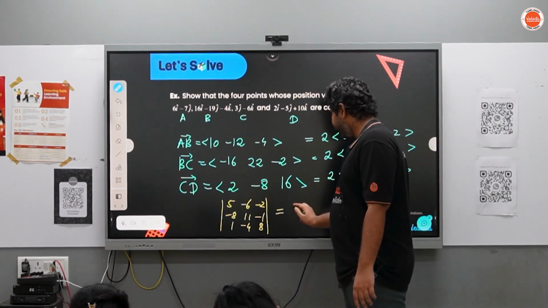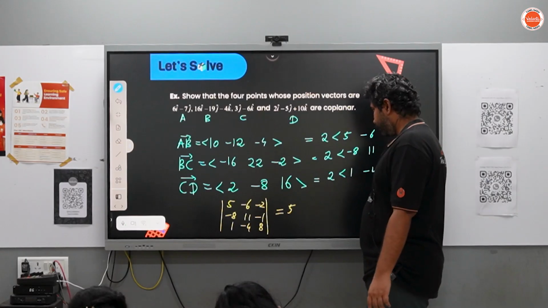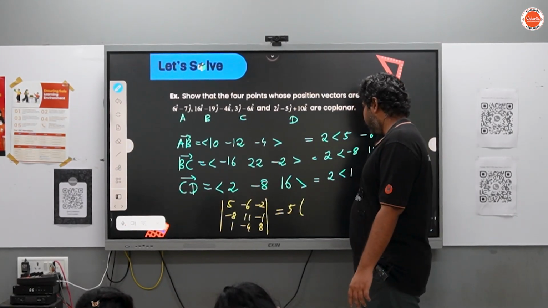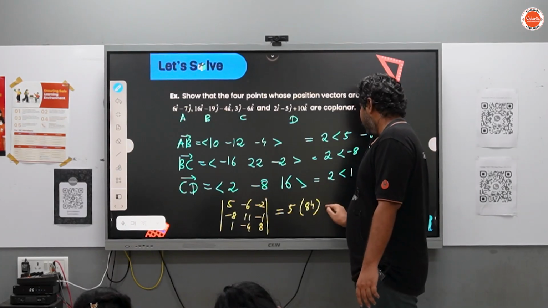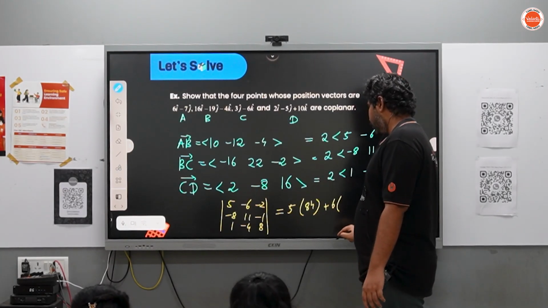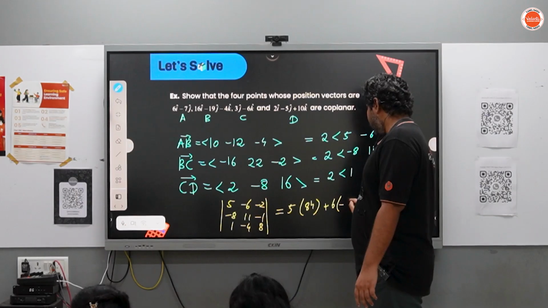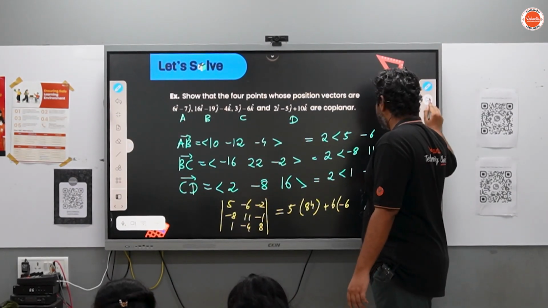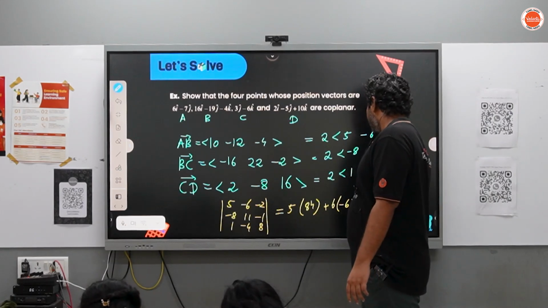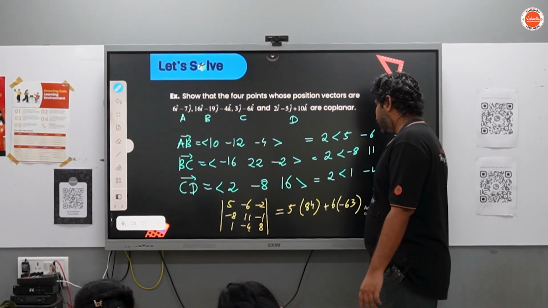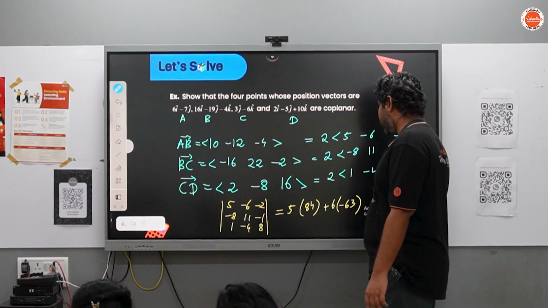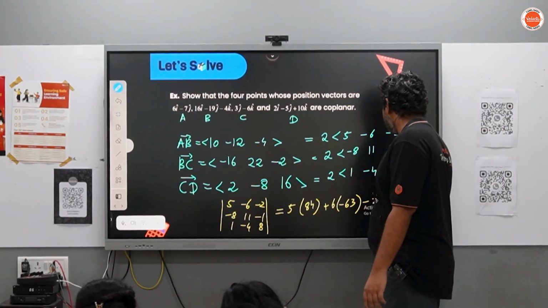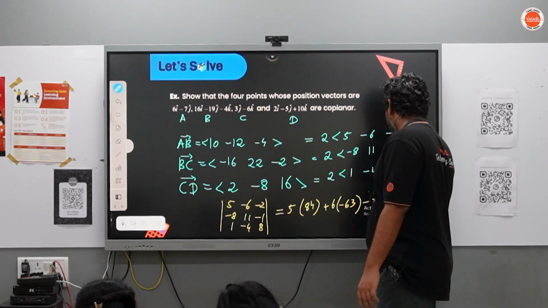Okay, simply expand. 88 plus 88 minus 4, 84 plus 6 into minus 64 plus 1, minus 2, 32 minus 11.